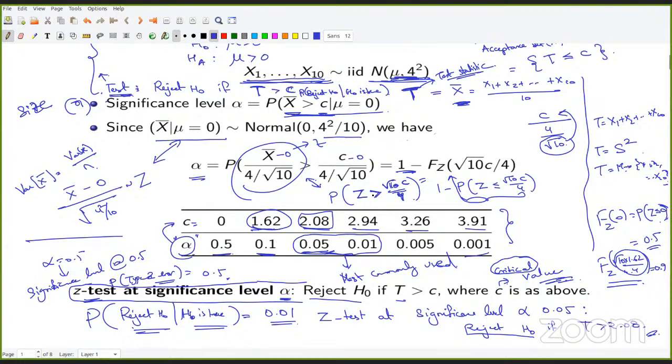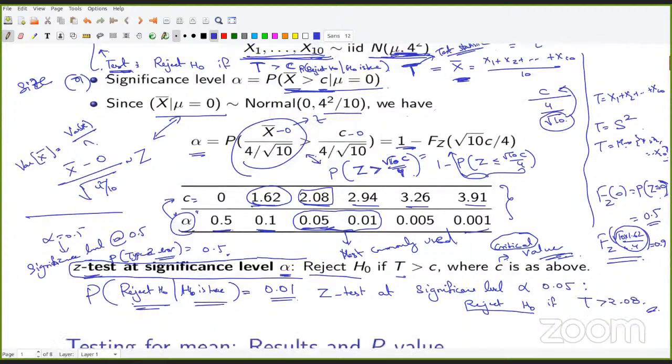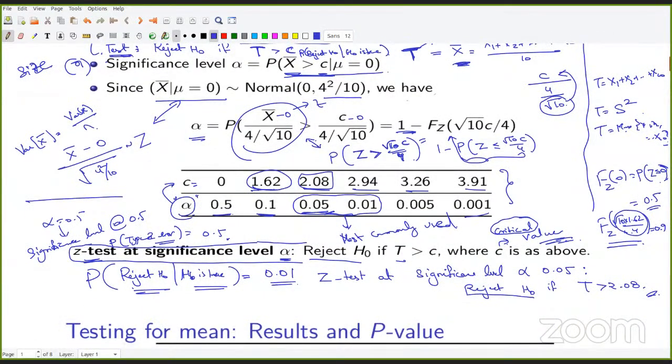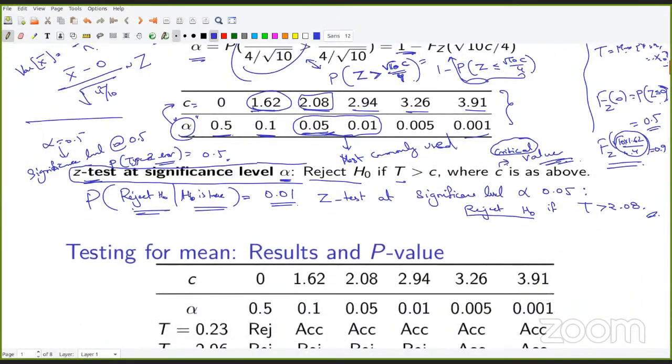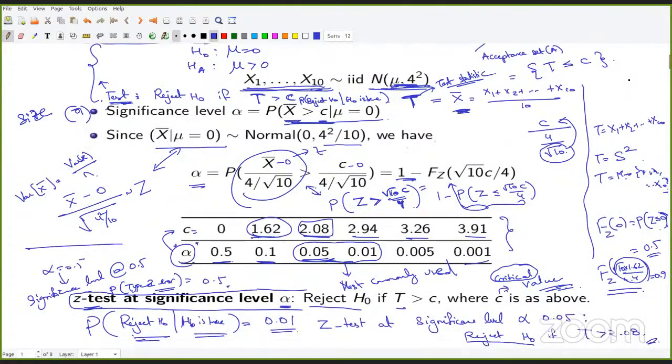In the Z table that you saw, we know the value of the left side. Z less than or equal to root 10 C by 4 is the left side, and Z greater than root 10 C by 4 is on the right side.